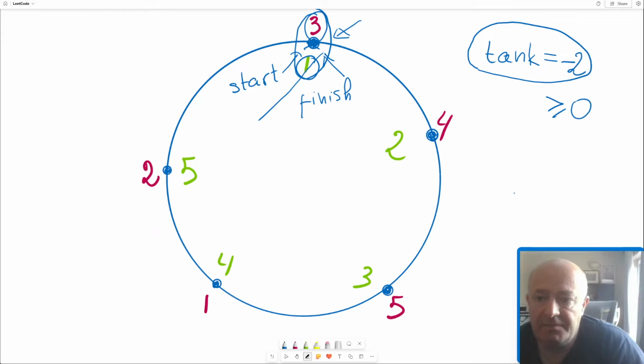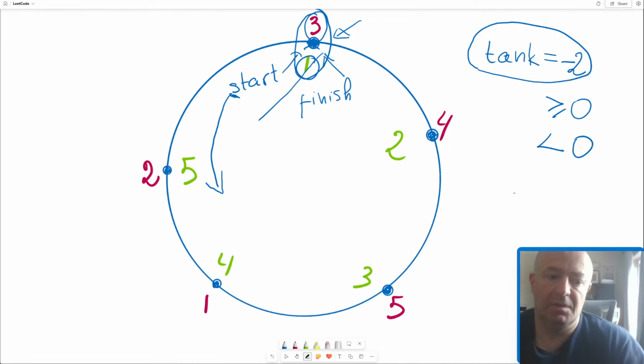But if tank ends up negative at some point, we cannot move to the next station. So we cannot move finish clockwise. So what we'll do is move start counterclockwise instead. We'll say, well, we can't continue from this point, but what if we had started earlier? What would have happened if we had started one gas station earlier? Then this delta would come into play. So this is +3.